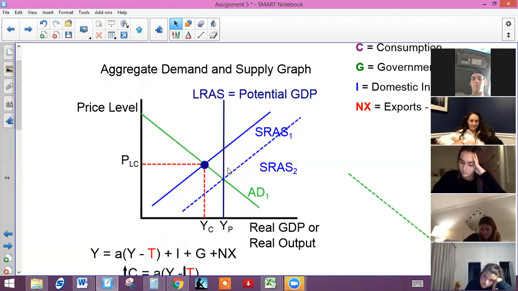So because costs are now lower, at every price, at every level of output, costs are now lower because wages are lower. So you have a rightward shift.